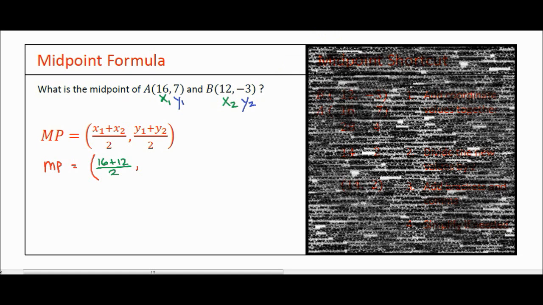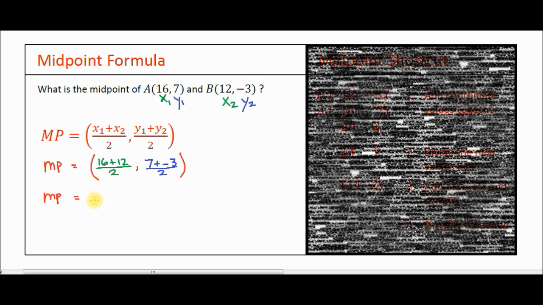Then the y value of our midpoint is found by adding y sub 1, which is 7, plus, remember the plus is part of our equation, so you have to write that down first, y sub 2, which is negative 3. And that's all over the value of 2. Let's close our coordinate parentheses. So far, so good. Let's simplify this.